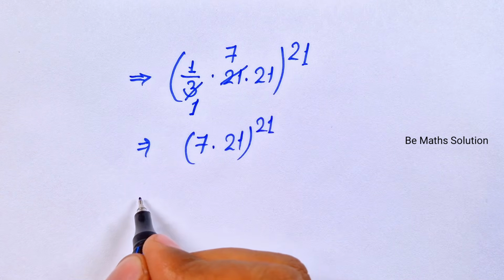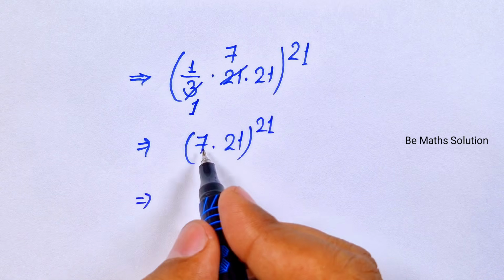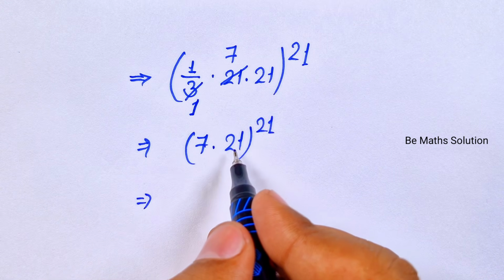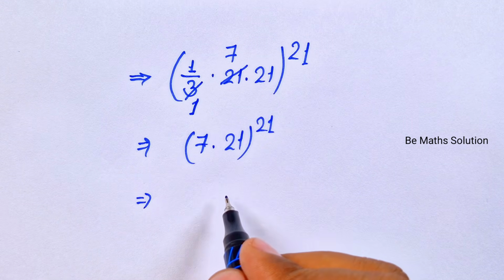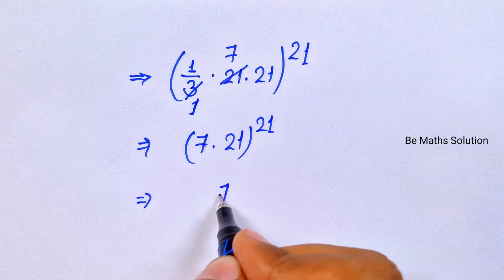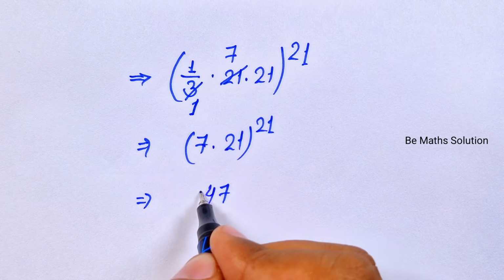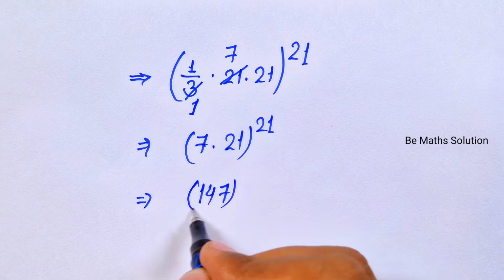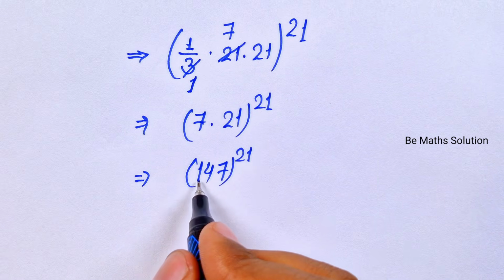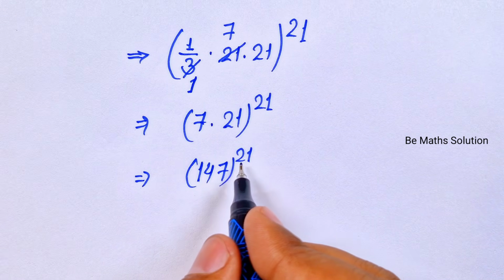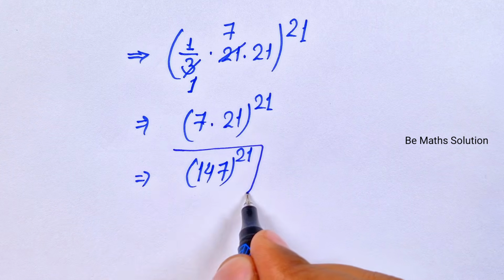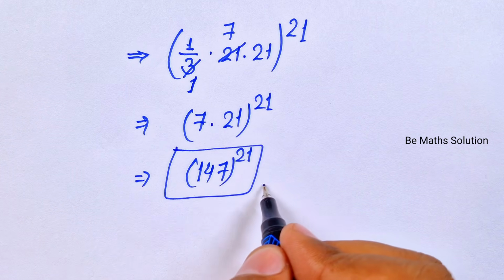Then it will be equal to 7 into 21: 7 into 1 is 7, 7 into 2 is 14, so 147 to the power 21 is our final answer for this problem.